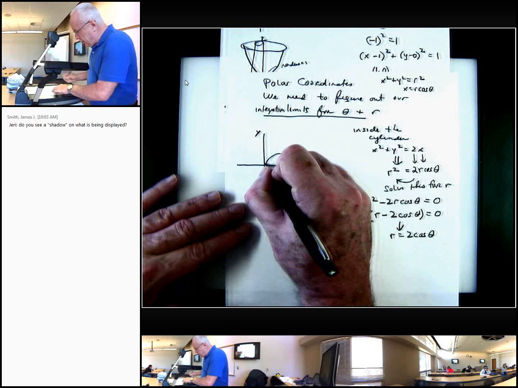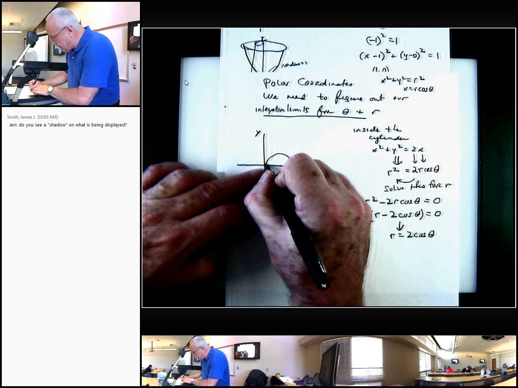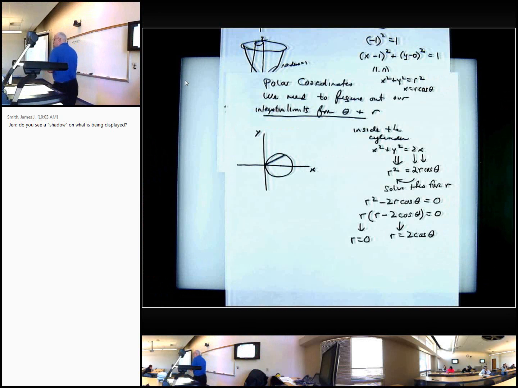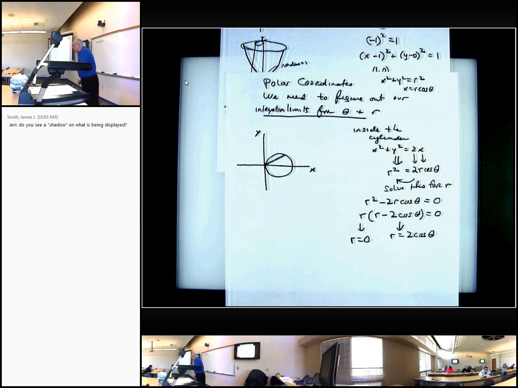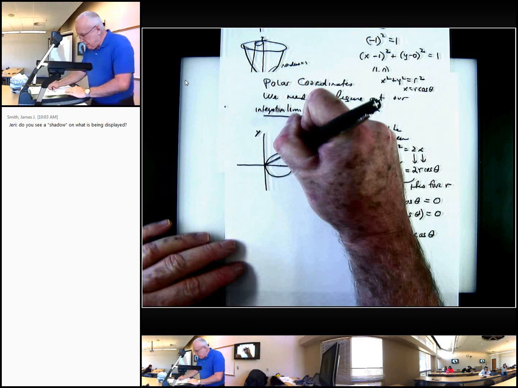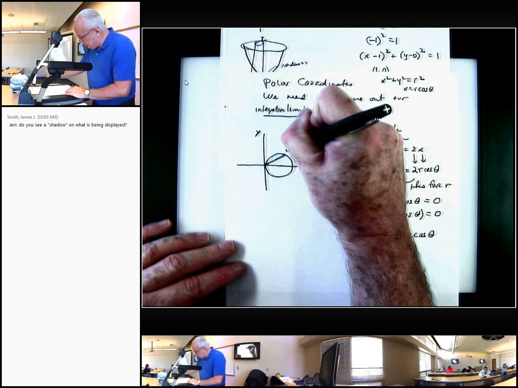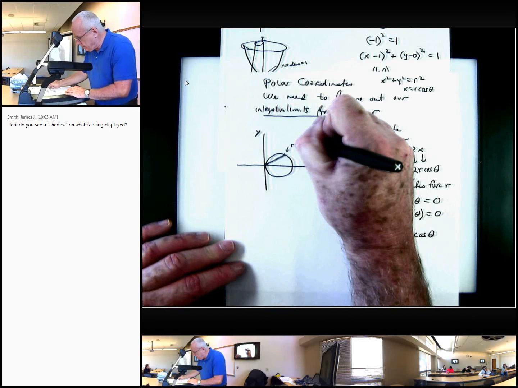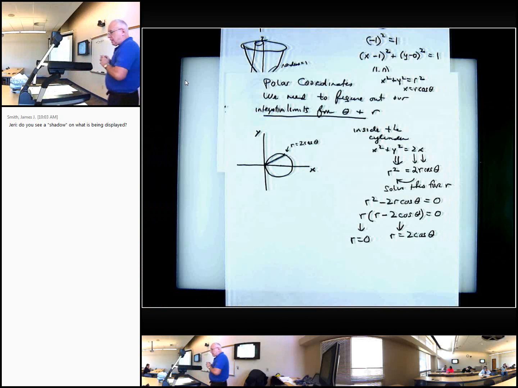Here is r equals 0. As I go out, I'm going to end at the edge of that circle there, and that point right here is r equals 2 cosine of theta. So those are my limits for r.